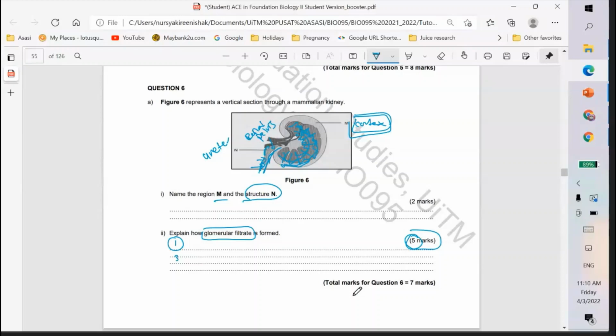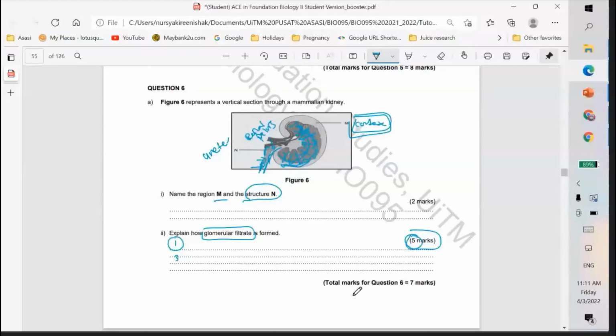And then the next one is the presence of podocytes or filtration slits that allow substances such as water, urea, glucose, uric acid, ions to enter into the filtrate in the Bowman's capsule.